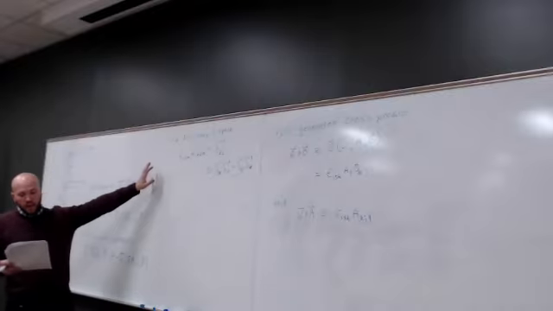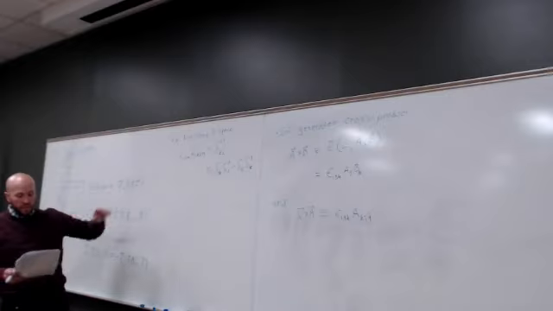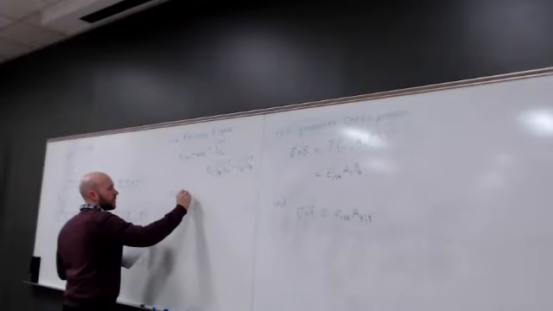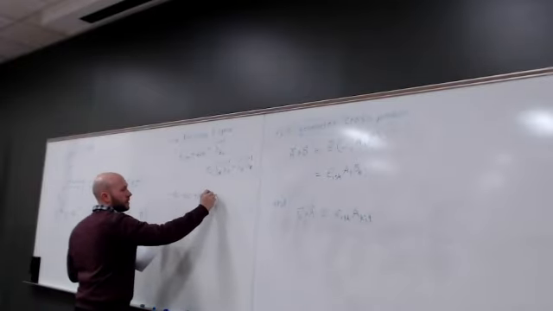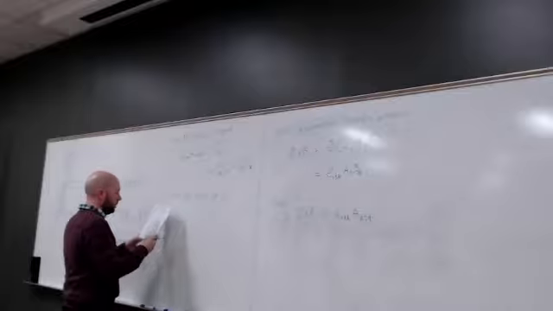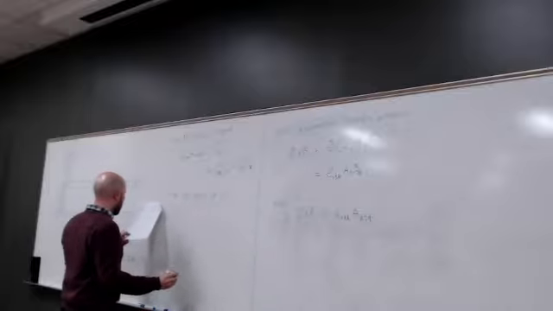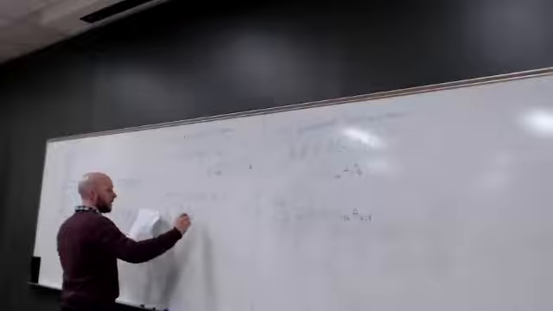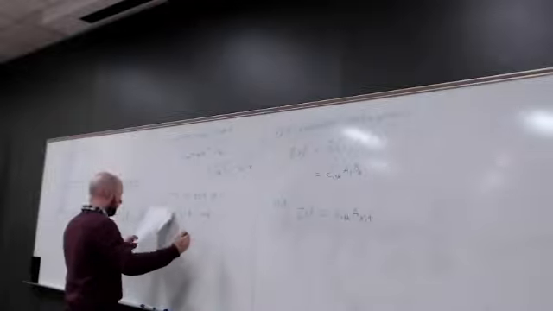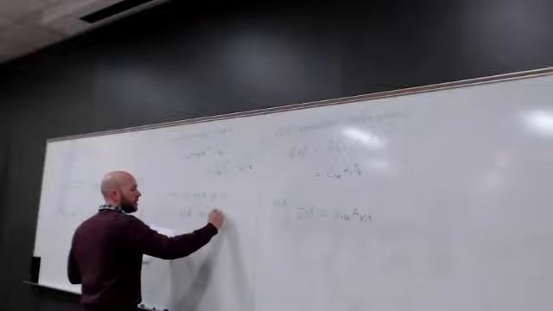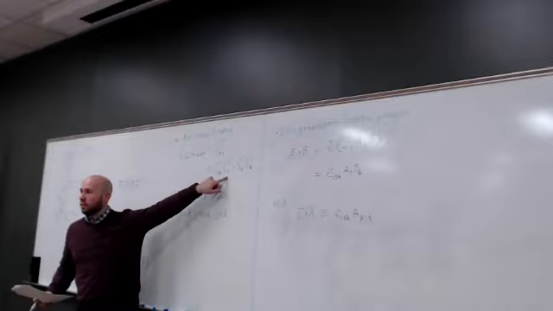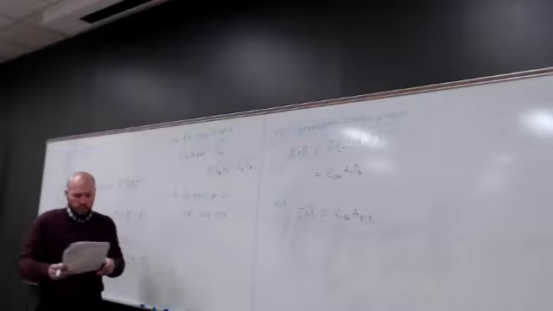So for this thing to be non-zero, a couple of things have to be true. You've got to have one of the two following. Either i has to be equal to k and j has to be equal to l, right? Which gives me 1 here, 0 there.